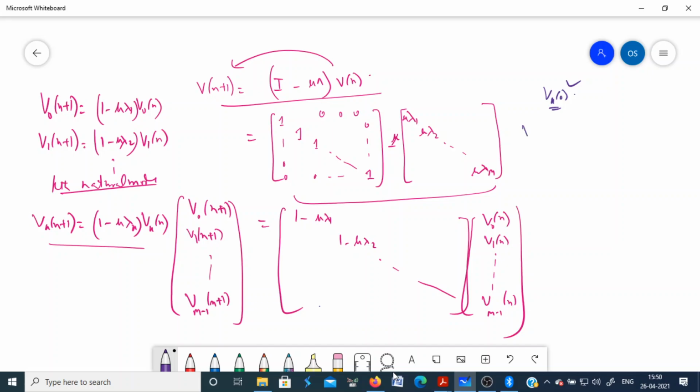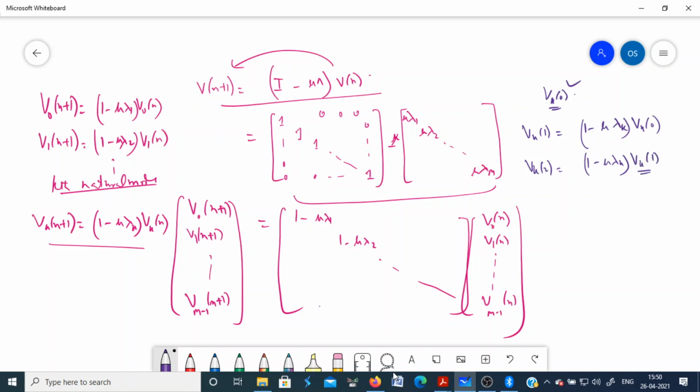See, if I say Vk of 1, it will be (1 minus mu lambda k) into Vk of 0. Then you find Vk of 2, which is equal to (1 minus mu lambda k) into Vk of 1.